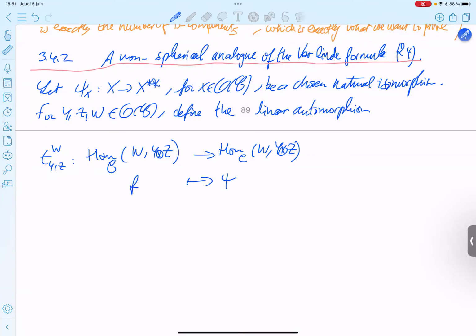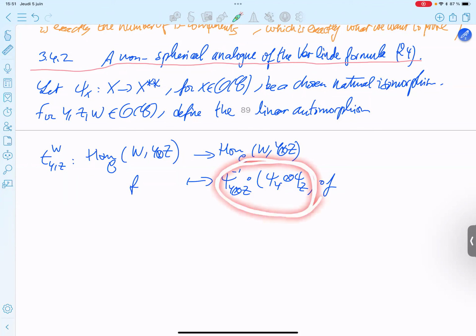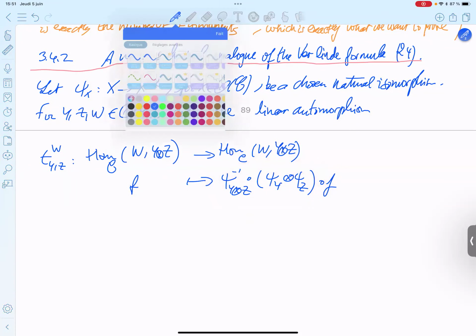Everything is an isomorphism, so you have the inverse of phi_{Y tensor Z} composed with phi_Y tensor phi_Z composed with F. If it is monoidal, this part is equal to 1. Because it may not be monoidal, as I said, it quantifies the failure of being monoidal.